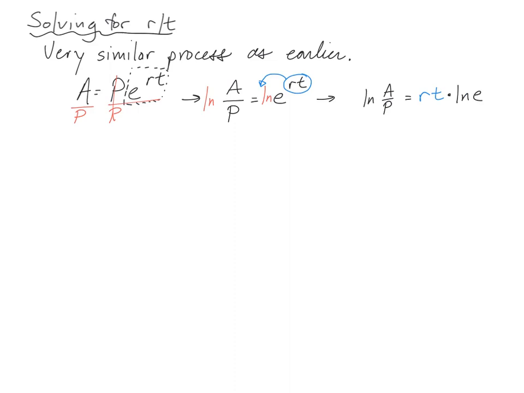But what's really awesome about this continuously compounding situation is that the natural log of e is always going to end up being 1. So we don't need it there.